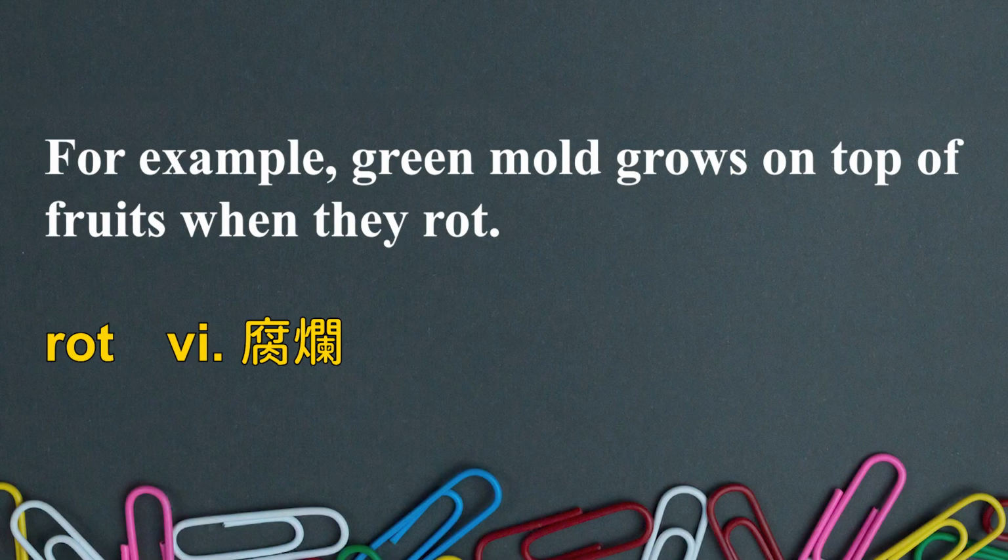Okay, let's continue and look at some examples. For example, green mold grows on top of fruits when they rot. 那举例来说，当水果腐烂的时候呢，绿色的霉菌就会长在水果的顶部。 Okay, so fruit is usually uncountable, and so is the word mold. But in the future, you'll probably learn that a lot of uncountables can also become countable. But we're talking about 各式各样的东西.